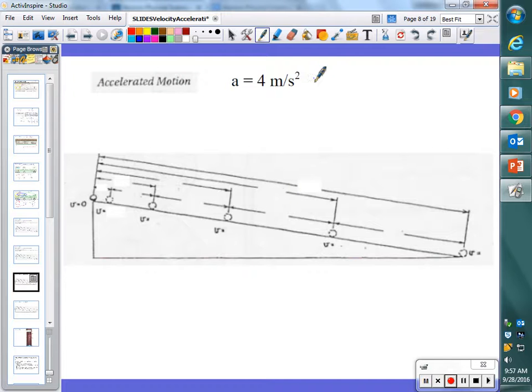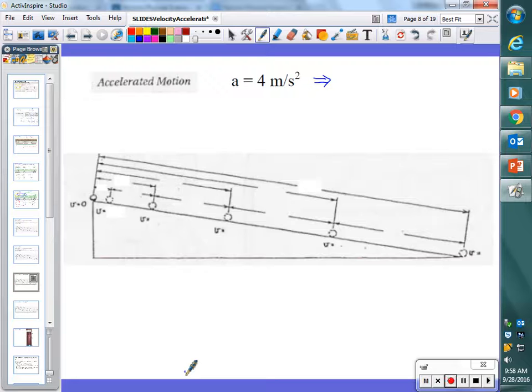So, if we know the acceleration is 4 meters per second squared, what is that telling us? What does acceleration describe for us? Change in velocity.